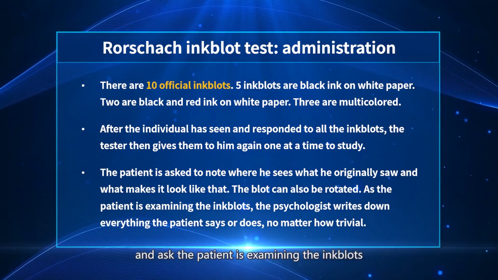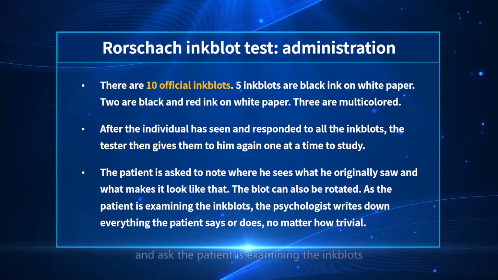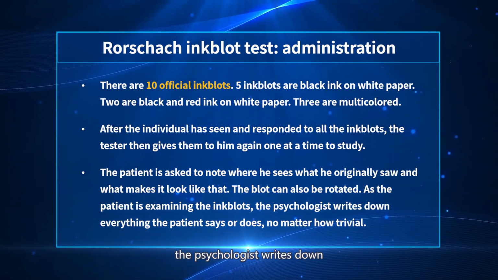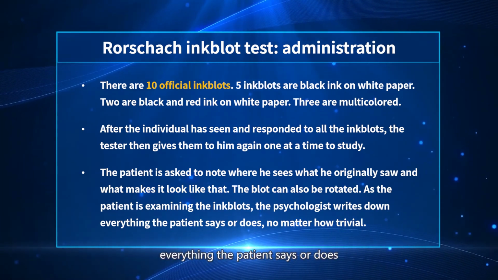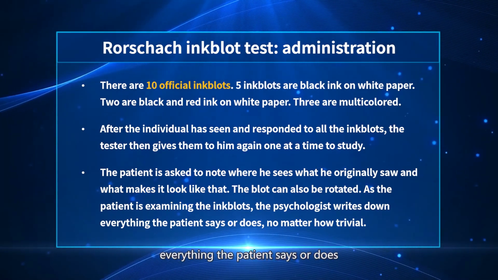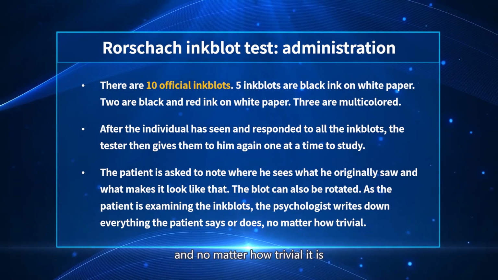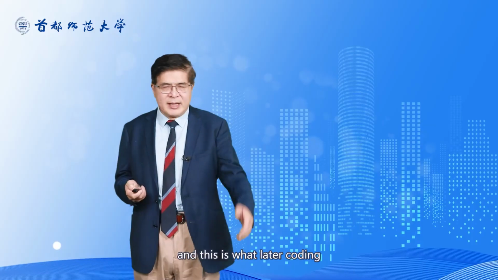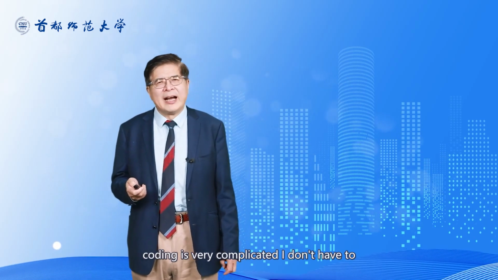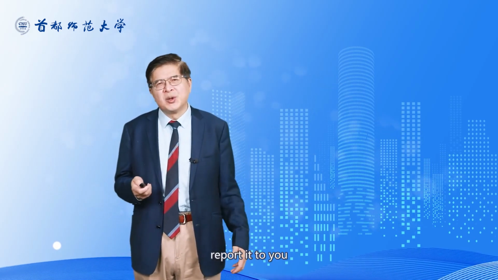As the patient is examining the ink blots, the psychologist writes down everything the patient says and does, no matter how trivial, and this is what is later coded. Coding is very complicated. I don't have to report it to you.